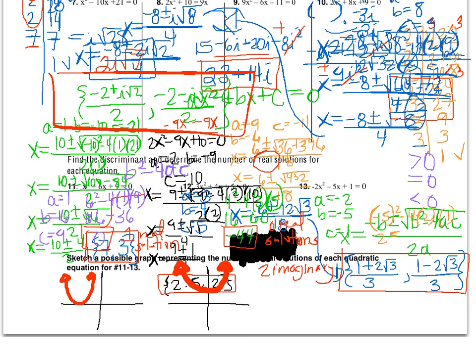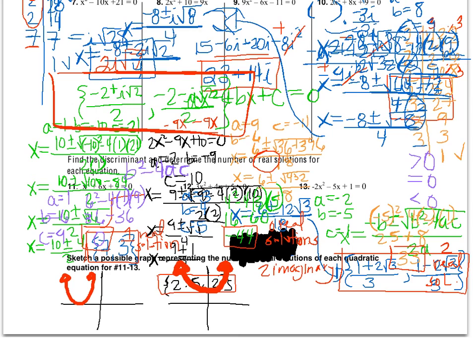So I get 25 plus 8, and 25 plus 8 is 33. This number is greater than 0. 33 is my discriminant. And since it's greater than 0, I have 2 real solutions.